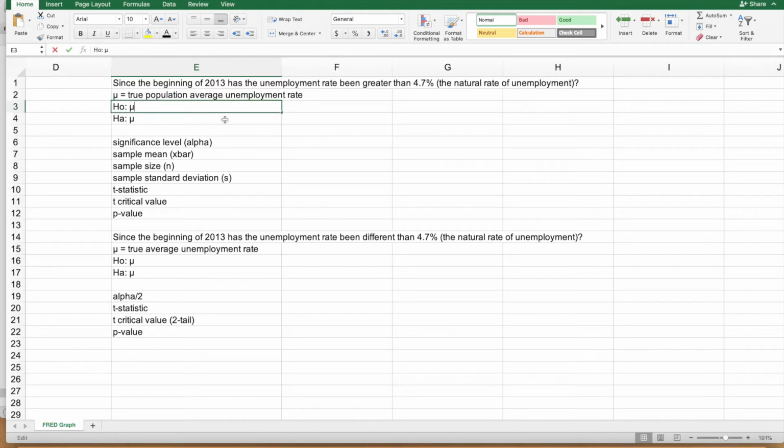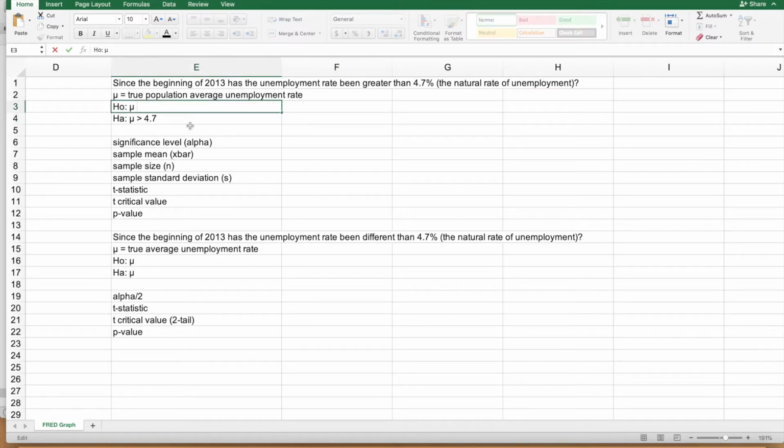Now let's write down our hypotheses. So the null hypothesis, or let's write the alternative first, because it says if the answer to this is yes, then the alternative is true. Well, if the true average unemployment rate is greater than 4.7, then the answer to this question will be true, and we will accept the alternative hypothesis.